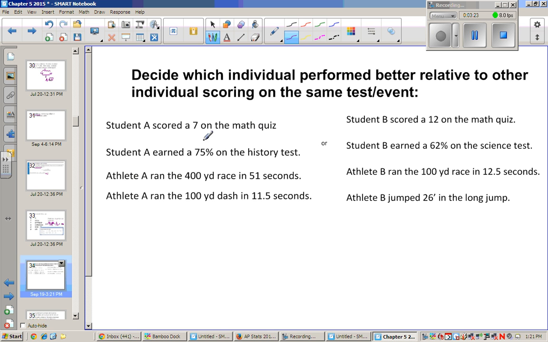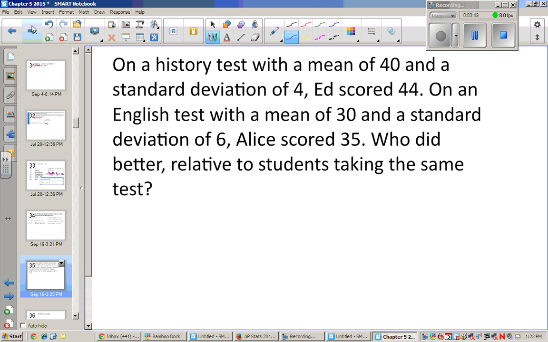Now, if student A earned 75% on a history test, but student B earned 62% on a science test, z-scores will help us see which one of those is actually better relative to their peers. Also, like an athlete running a 400-yard dash, we could compare that to another athlete running a 100-yard race. We can see using z-scores things that we can't see with the actual numbers.